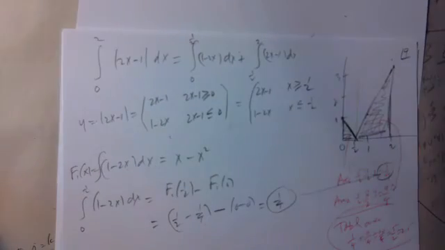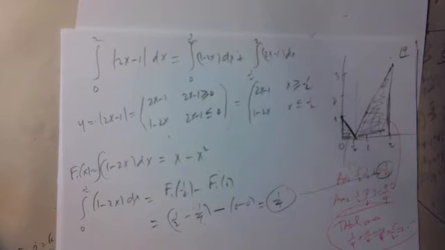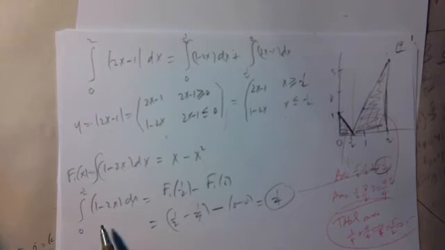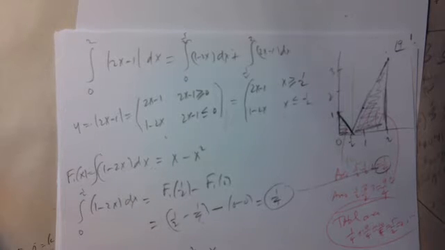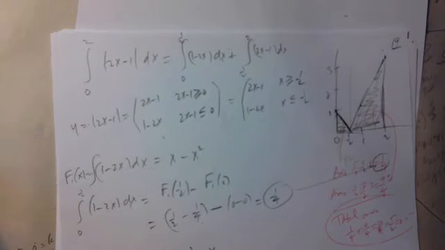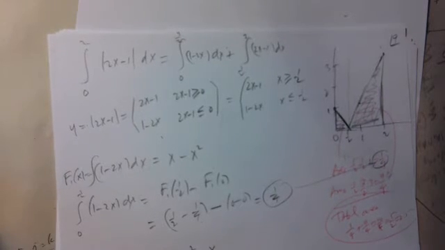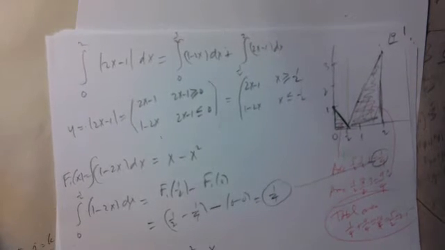And for the second integral, let's say f2 of x is the integral of 2x minus 1 dx. It's just the opposite of this in sign. That's x squared minus x. So the integral from 1/2 to 2 of 2x minus 1 dx is f2 of 2 minus f2 of 1/2.